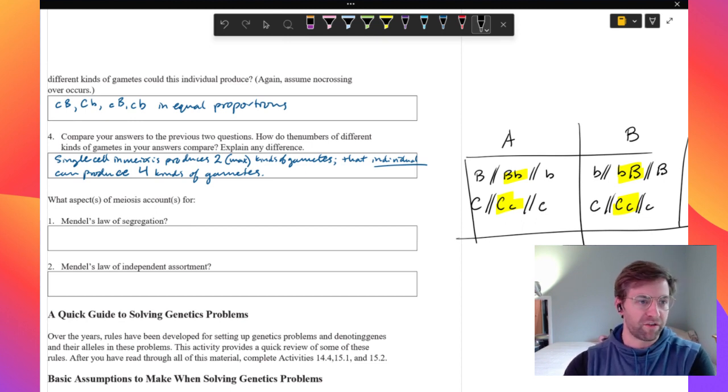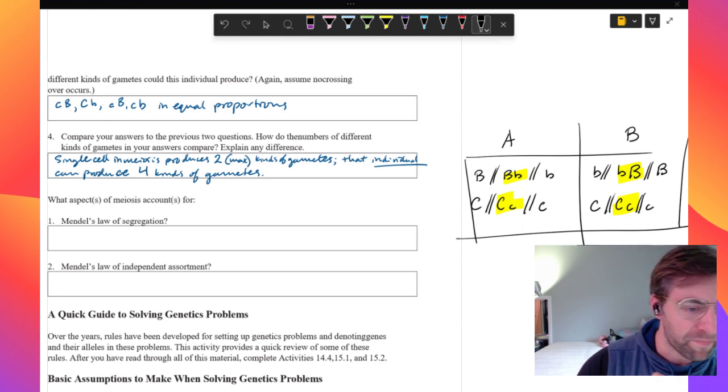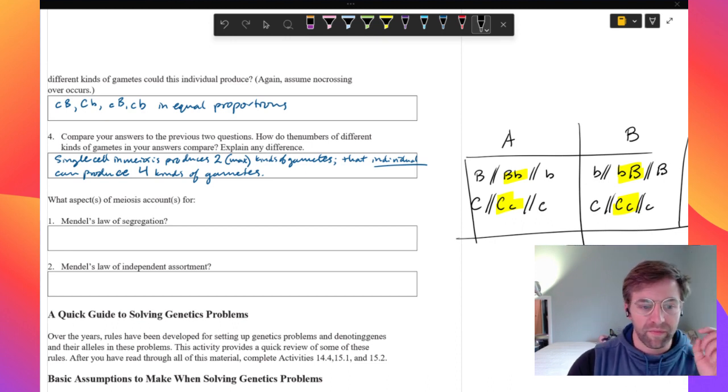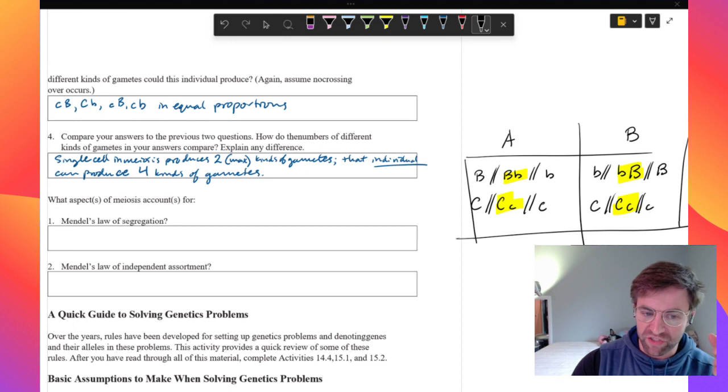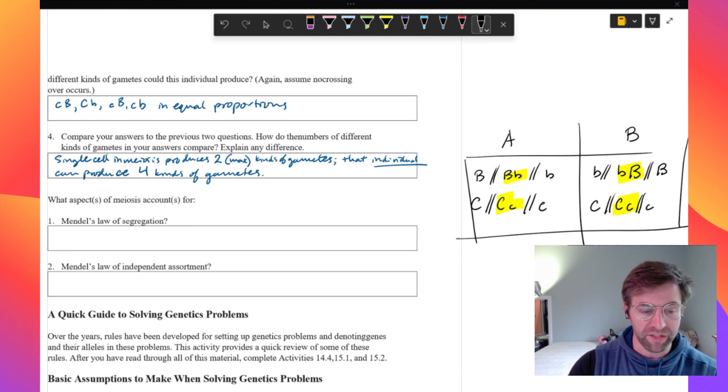What aspects of meiosis account for Mendel's law of segregation? Let's remember for a second. This one states that each organism contains two traits, which today we call alleles for a given character, which we would now call a gene. Only one allele is found in each gamete.